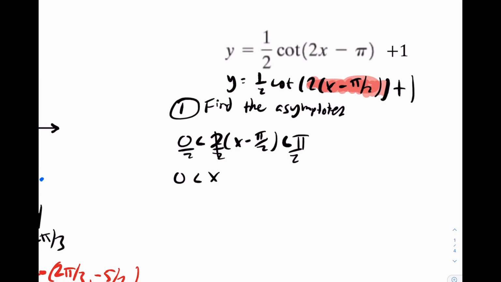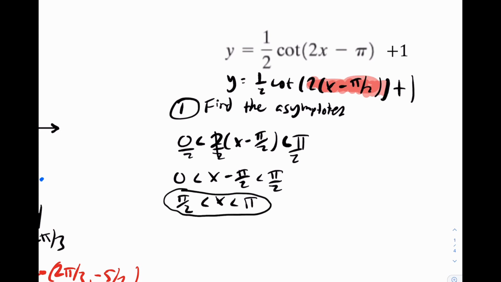So 0 is less than x, minus pi over 2, less than pi over 2. And let's add pi over 2. So we're between pi over 2 and pi. So here are the new asymptotes. And if you forgot that, you should rewatch the video on graphing cotan and tan.